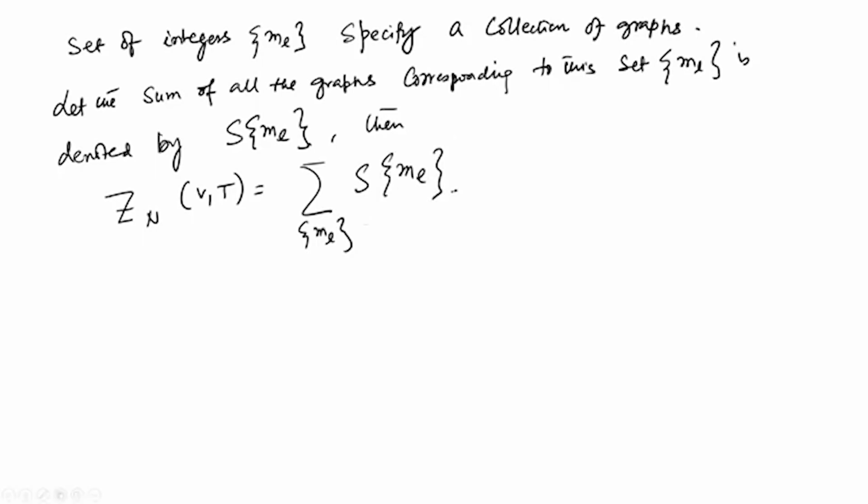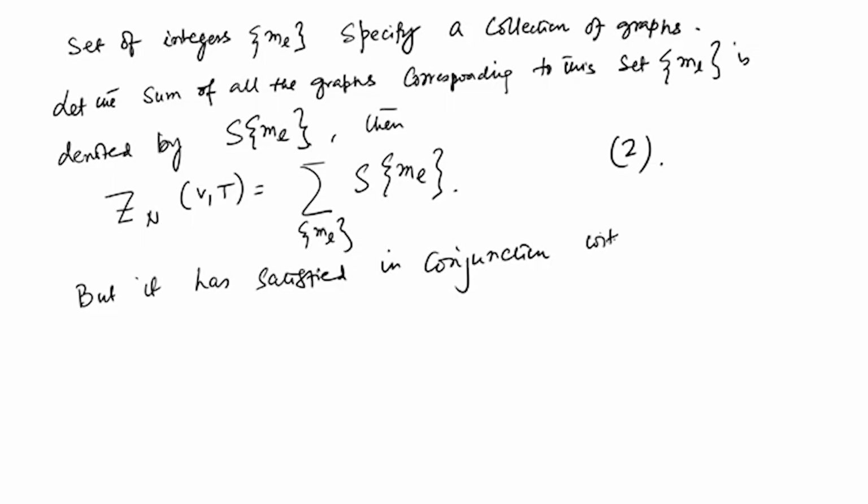So, eventually it boils down to this sum of all the graphs corresponding to this set. Let us call this equation 2, but it is not an independent equation; it has to be satisfied in conjunction with 1. Let us see how one can calculate these S of ML, so that we can deduce the partition function for the interacting case.